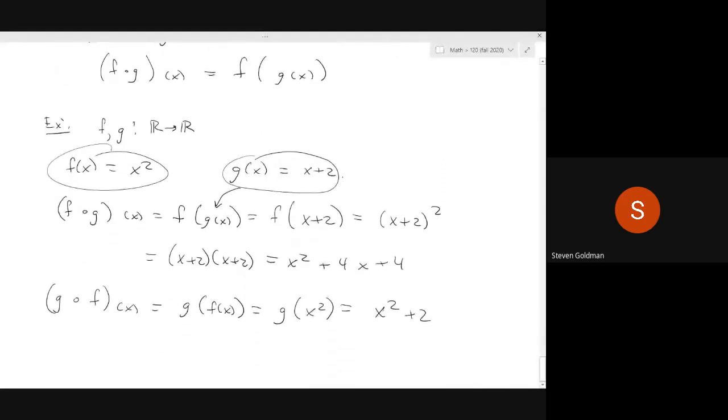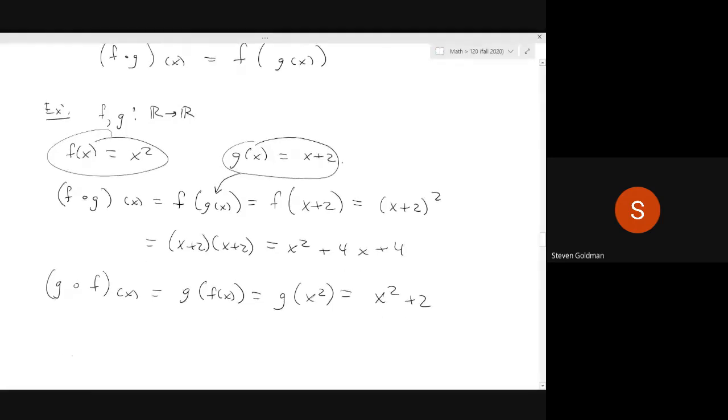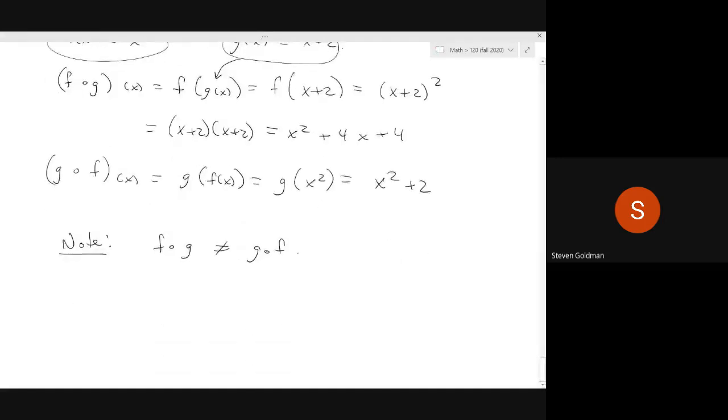Okay. So in general, composition of two functions is not commutative. So f of g will not equal g of f. Okay. f of g does not equal g of f. Generally speaking, that will give me two different functions. Okay. The only time that f of g will always equal g of f is if the two functions are inverses of each other. Okay.